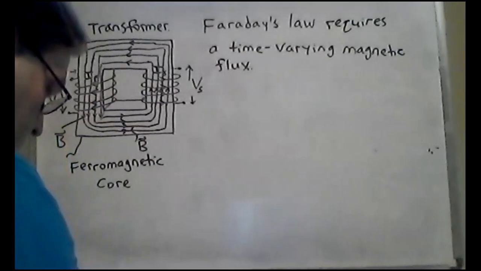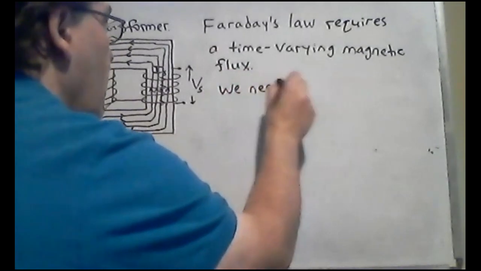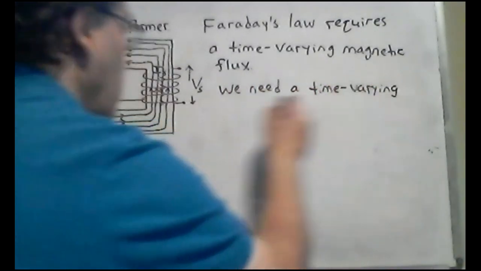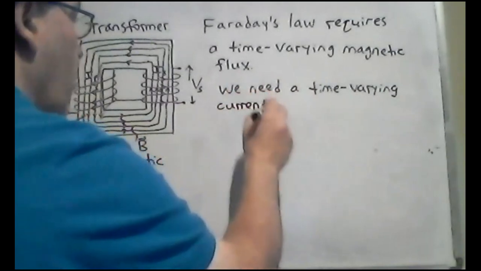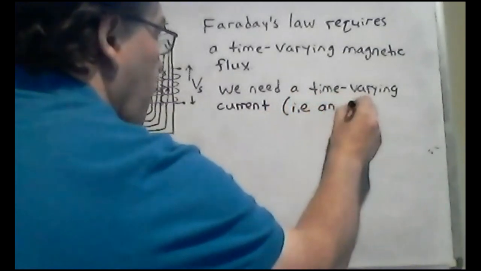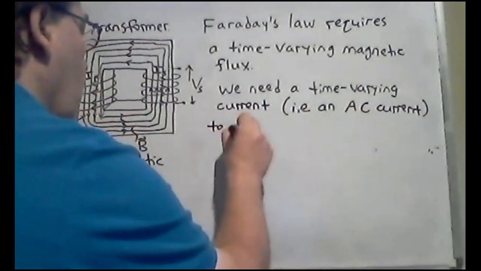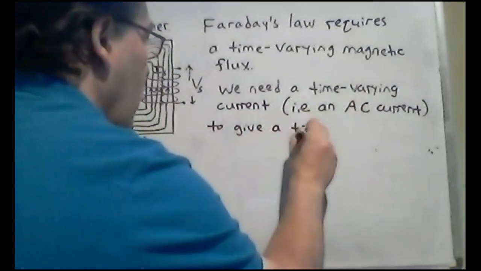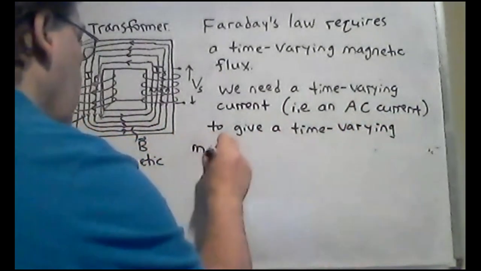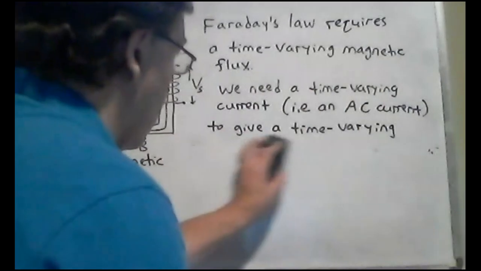And so at the secondary coil, we need a time varying current, i.e. an AC current, to give a time varying magnetic flux through Ampere's law. Again, that's just Ampere's law.